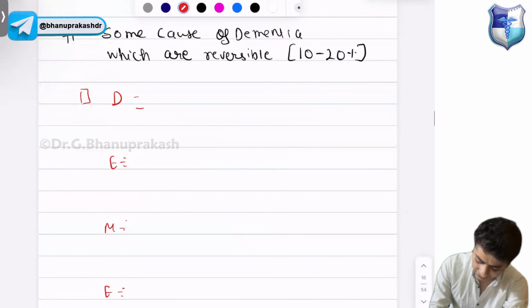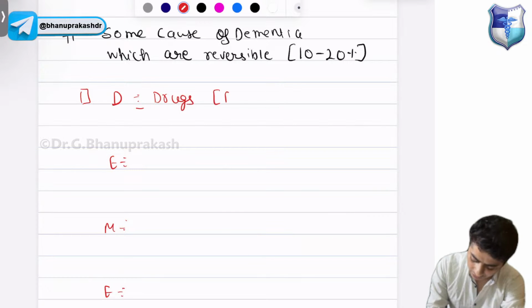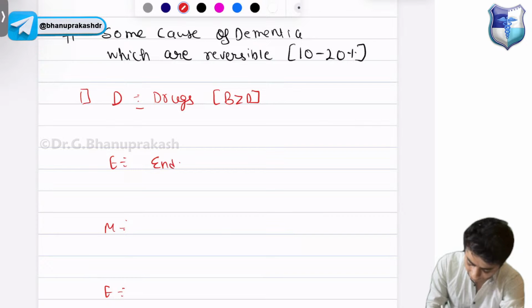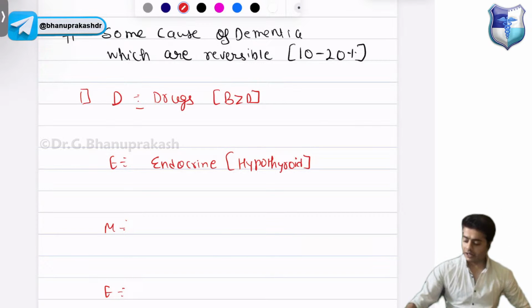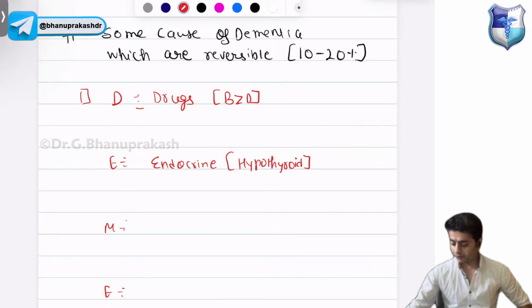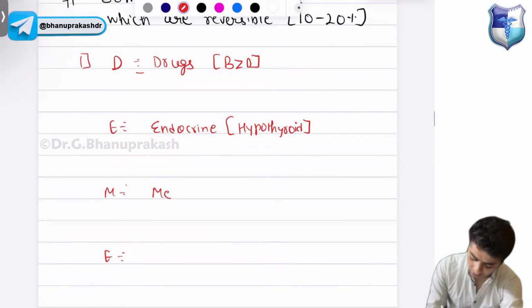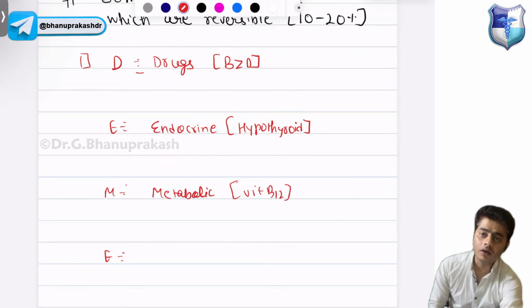D stands for drugs, like your benzodiazepines. E stands for endocrine, especially hypothyroidism. M stands for metabolic, that is your vitamin B12.